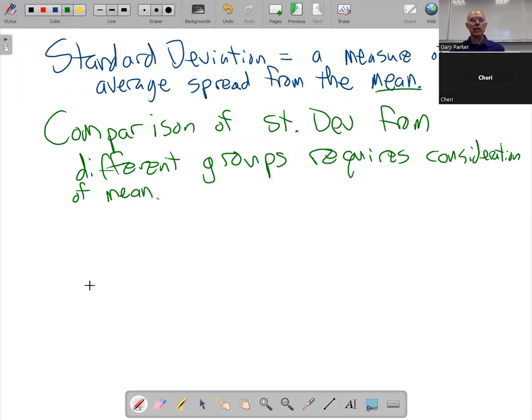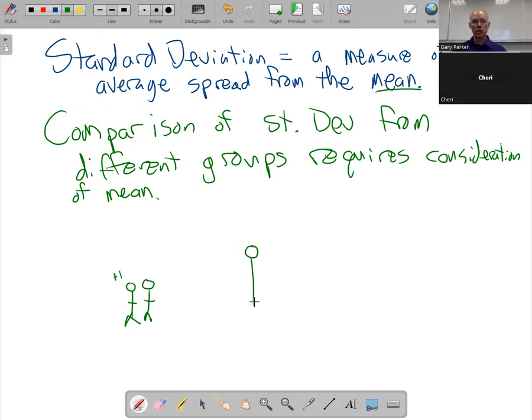And the way to think about it is if you just think about little kids, if one little kid is a little bigger than another little kid, and maybe they are only 1 inch apart, that's a big deal for them because they're not very tall.